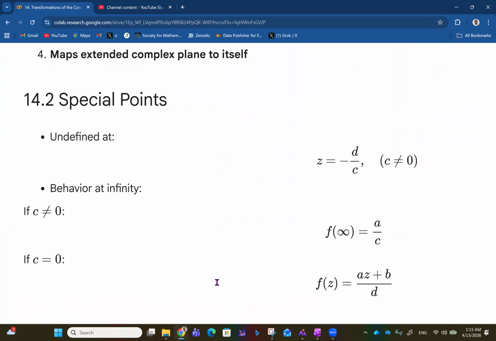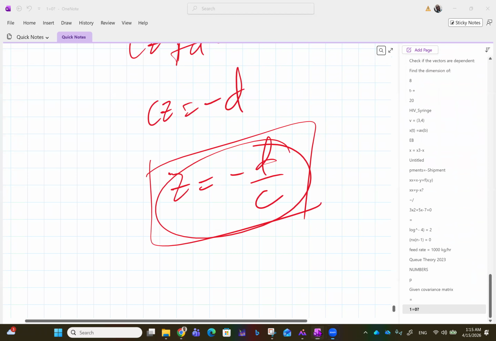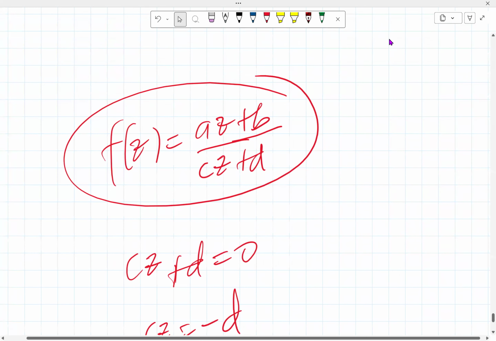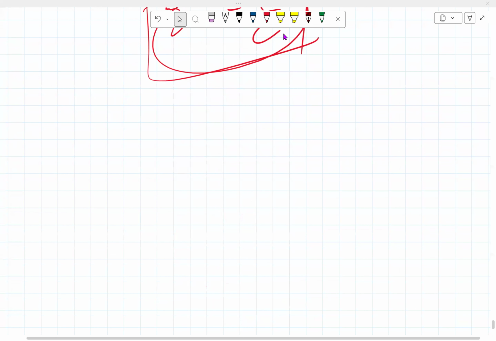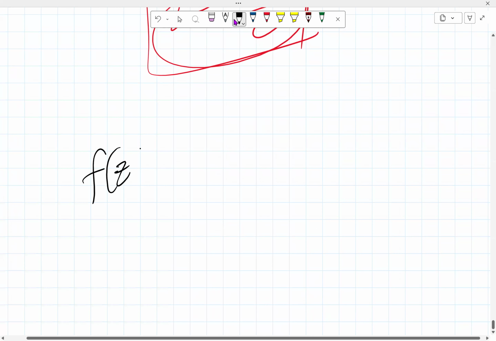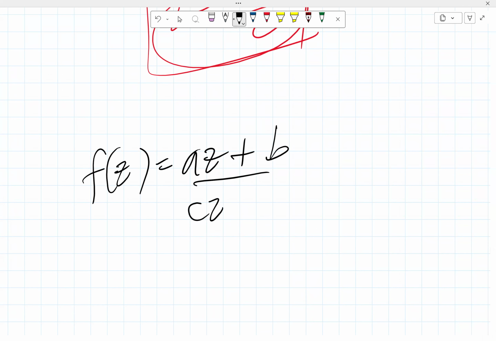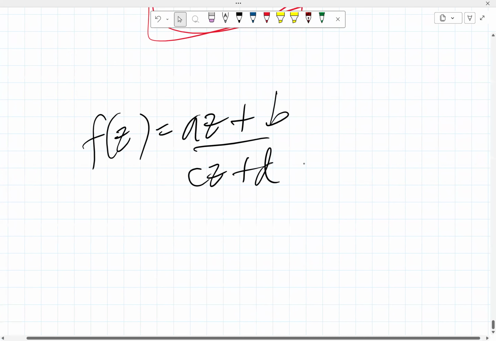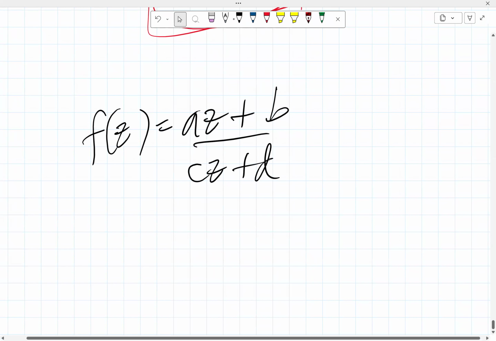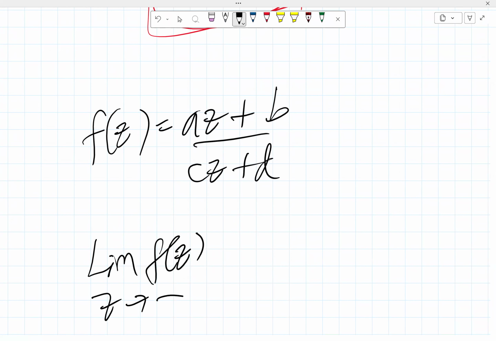So what about the behavior at infinity? As z approaches infinity, that's another very crucial thing to consider. We have that f of z equals az plus b all over cz plus d. So what happens if we take the limit of f of z as z approaches infinity?